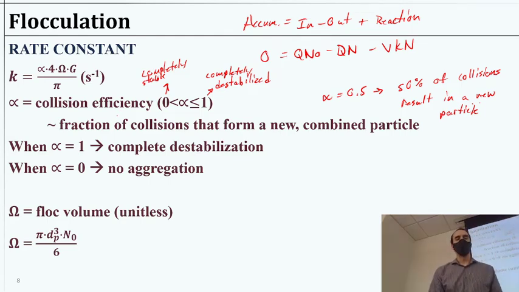And then pi on the bottom here. So this omega term is what we call the floc volume. The floc volume is a unitless term, but perhaps more accurately, it's actually volume per volume. So it's technically volume of particles per volume of solution.